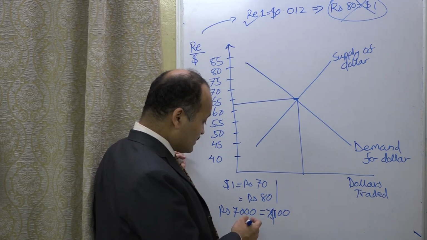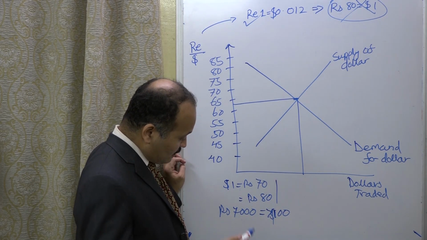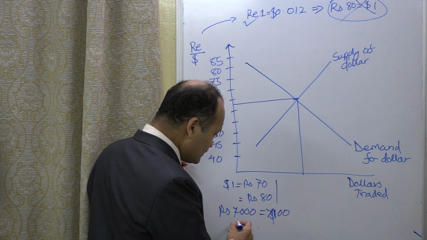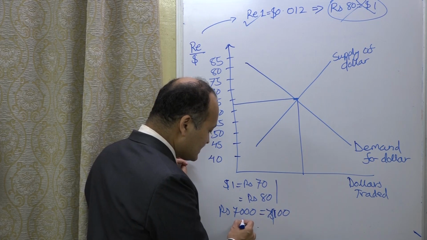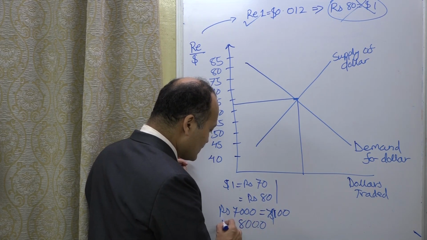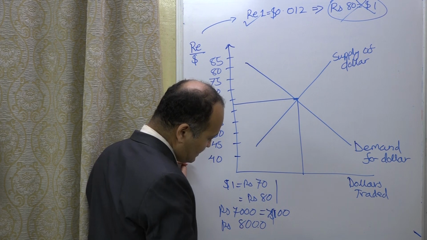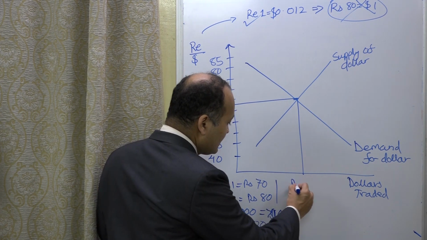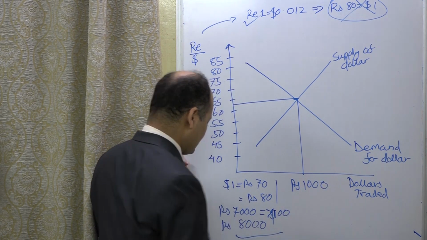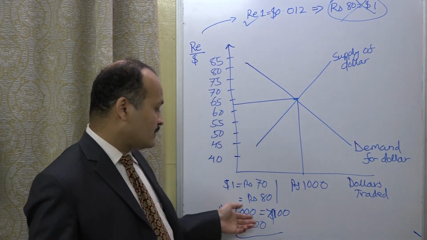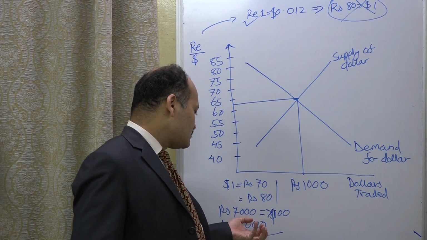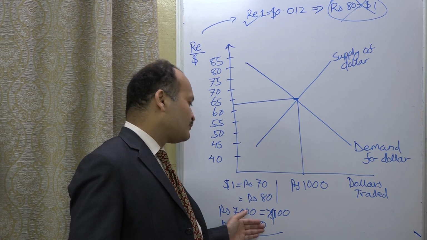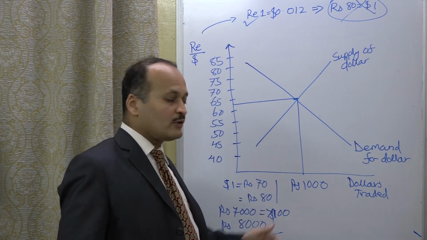If your speculation turns out correct, then you will be able to sell these $100 at 8,000 rupees after say 1 or 2 months, so that you would have made a net profit of 1,000 rupees, isn't it? You arrange 7,000 rupees, get $100, and when the exchange rate actually depreciates, you can sell it for 8,000 rupees and make a profit.